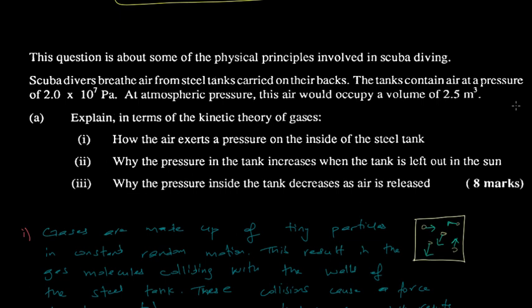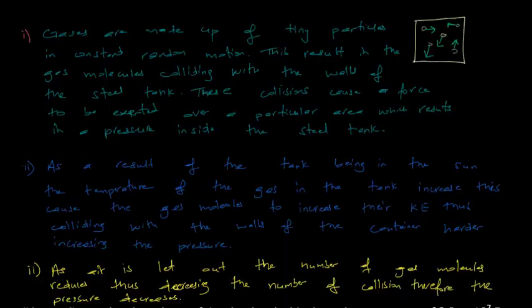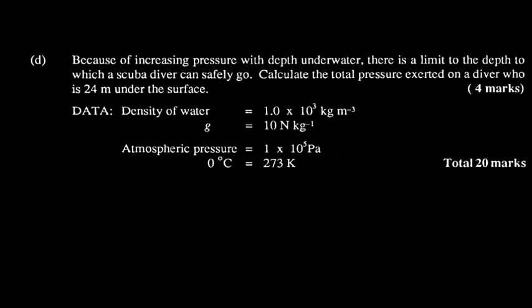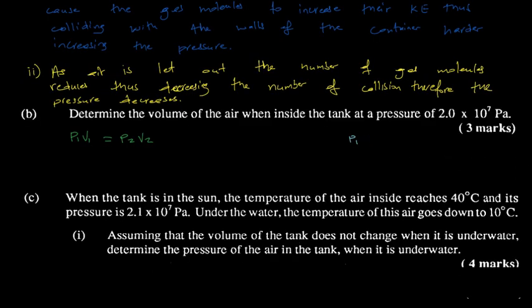So first of all, we can write that P1 V1 is equal to P2 V2. Now, in our case, let us say P1 is atmospheric pressure, which we're given as 1 times 10 to the 5 pascals.